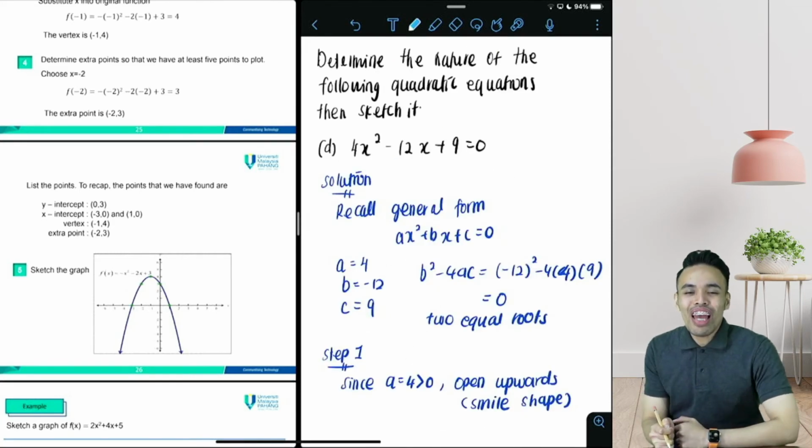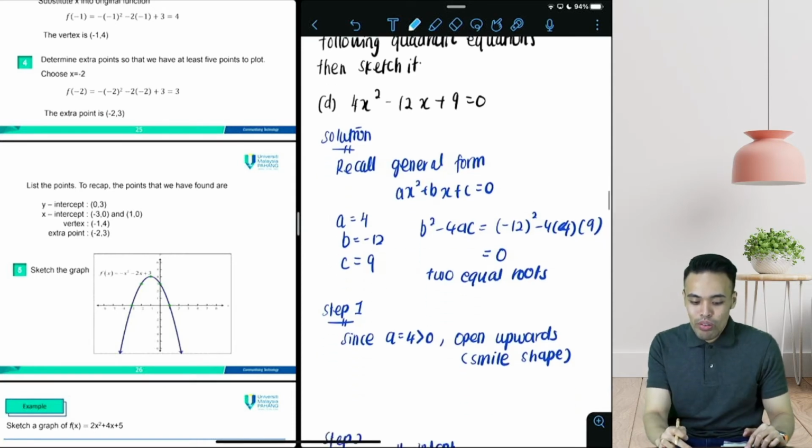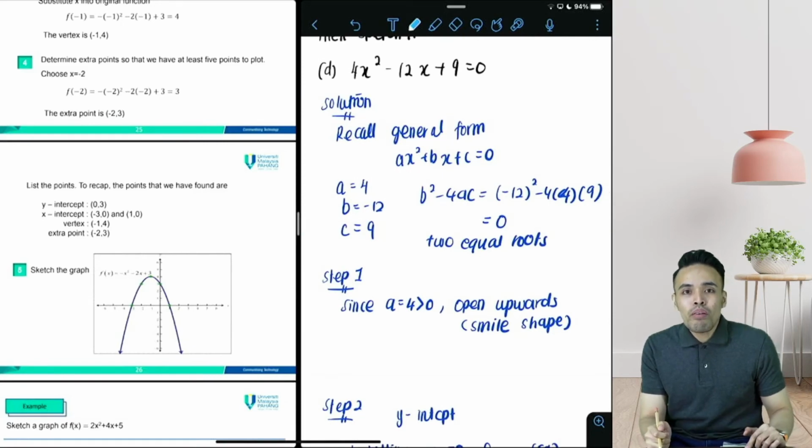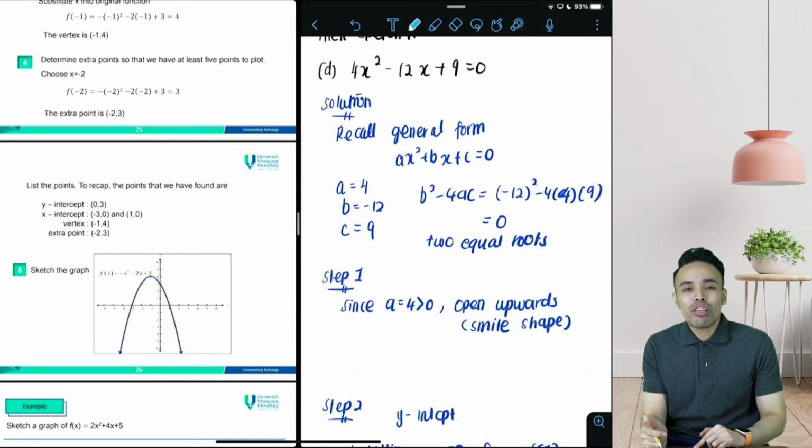Now, let's take a look at this example, where the question asks you to determine the nature of the roots for the following quadratic equation, and right after that, sketch the graph of the quadratic equation, which is a parabola. By referring to the standard form ax squared plus bx plus c equals 0, you can determine the a, b, and c coefficients.